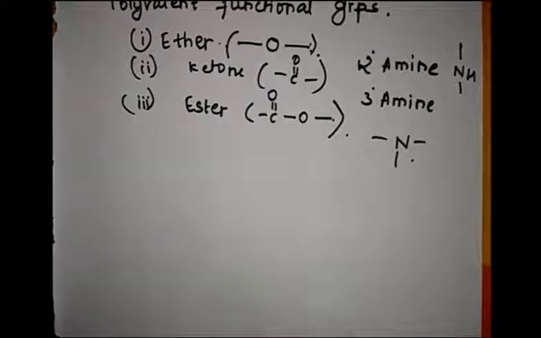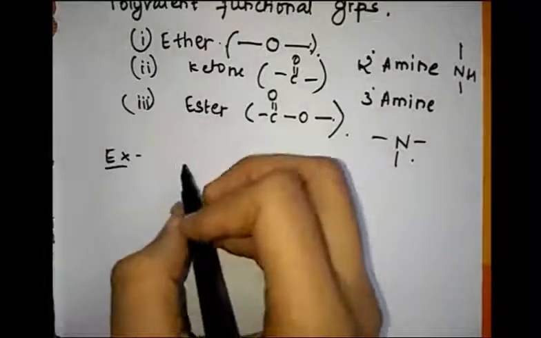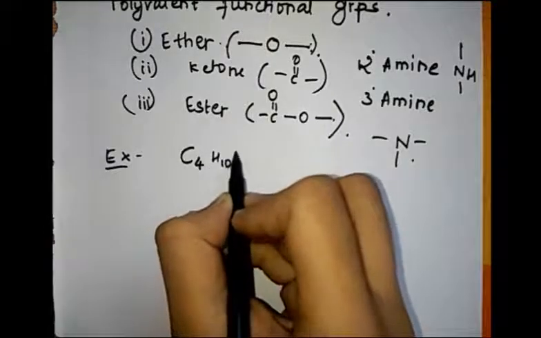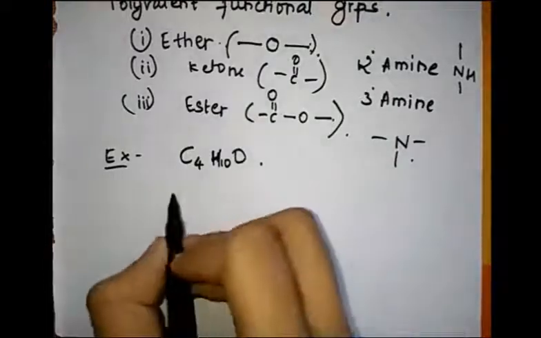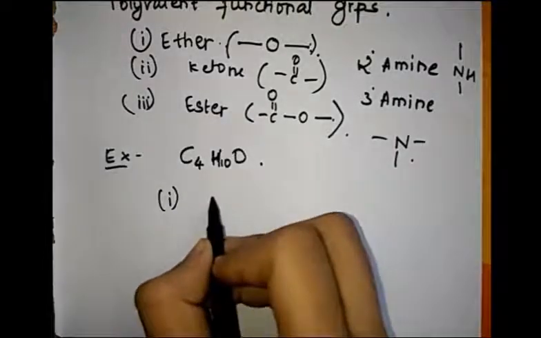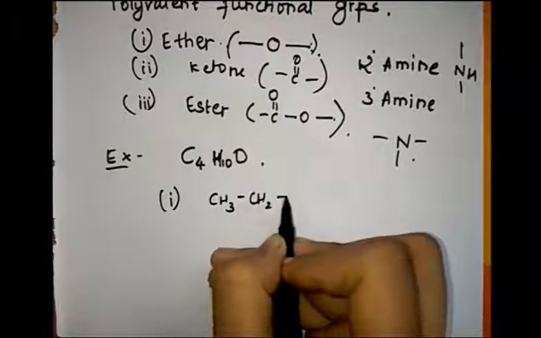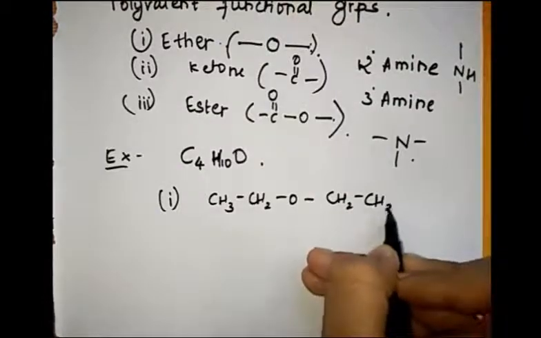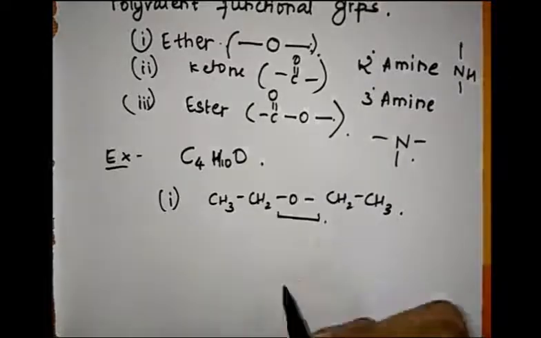Now for an example, if you want to state an example for metamerism, we'll take the molecule C4H10O. It can be written like this: CH3 CH2 O CH2 CH3. Now the polyvalent functional group here is the ether.